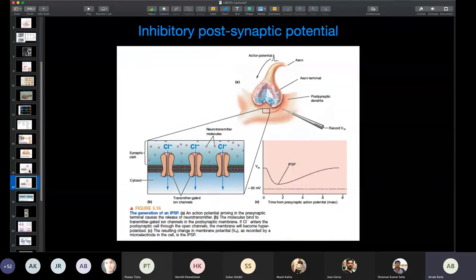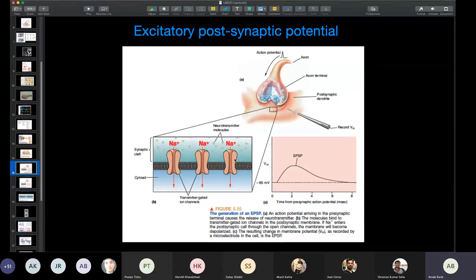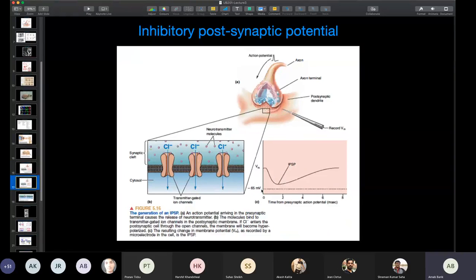It's the same way when you have an inhibitory synapse. You have sodium channels here in the postsynaptic site, and that decides whether it's an excitatory synapse, whether you are recording EPSC or excitatory postsynaptic potential or not. And depending on the chloride channels, the potential will look like this, and this is an inhibitory synapse.